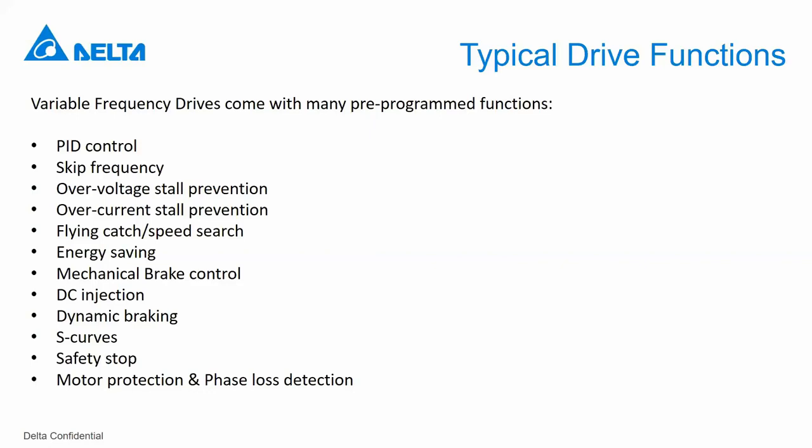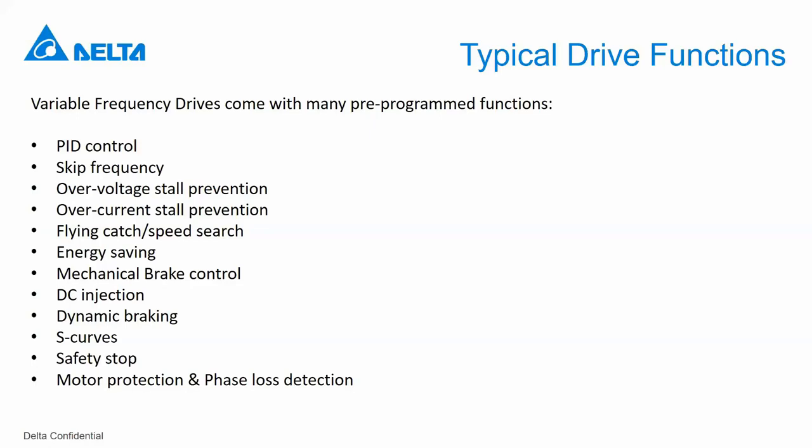Yeah, that's true. I don't quite understand the statement, can I change it and operate it the other way? Definitely you don't want to run it reverse, I'm sure of that. But if you're running in PID, then the drive does that automatically. If you set the pressure to 6 bar and the pressure is actually 5.5 or 5 or something like that, then the drive will automatically increase the frequency up to the rated frequency of the motor.